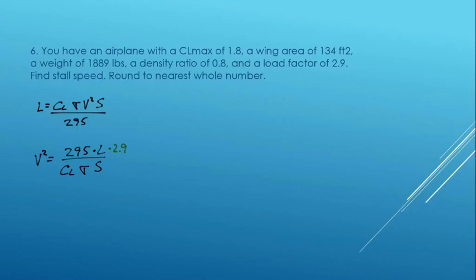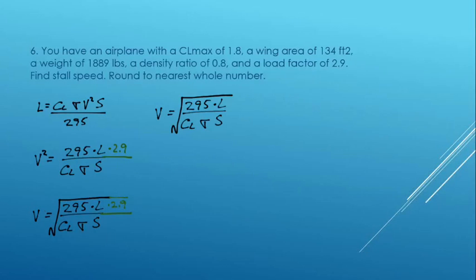Now we're going to want to simplify this formula. We get the square root of both sides, and when we do that, we eliminate the velocity squared on the left side, and so we wind up with this particular formula.